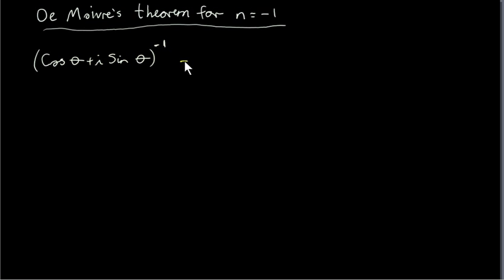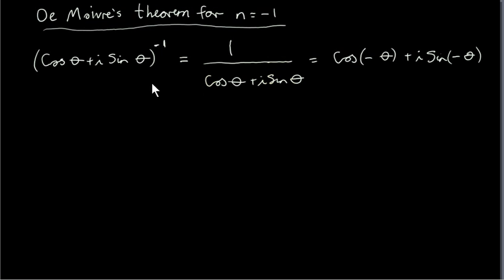What we do is use the result of a previous video. (Cos theta plus i sine theta) to the power of minus 1 is just 1 divided by (cos theta plus i sine theta) to the power of 1. Of course, we don't have to write in that.